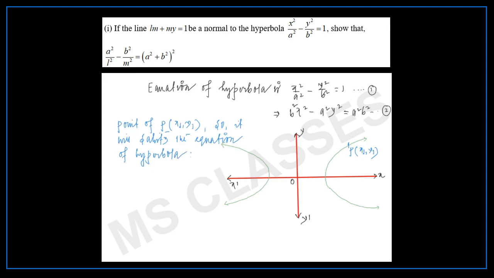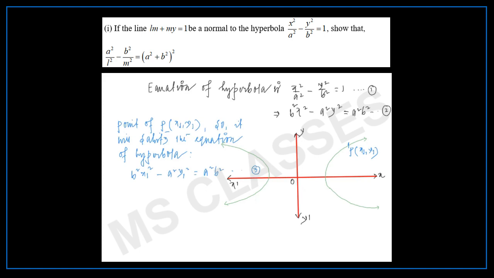So ultimately we get b square x1 square minus a square y1 square equal to a square b square. And this we take as equation 3.